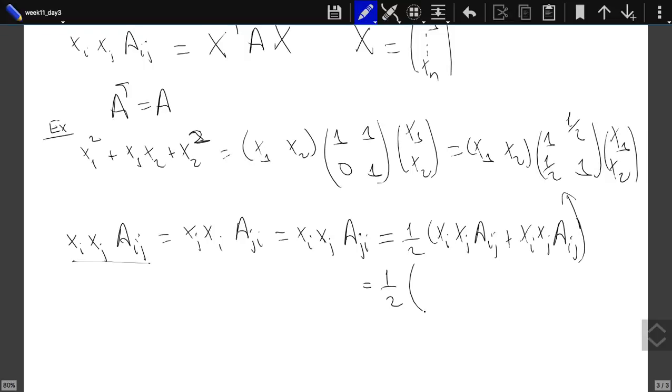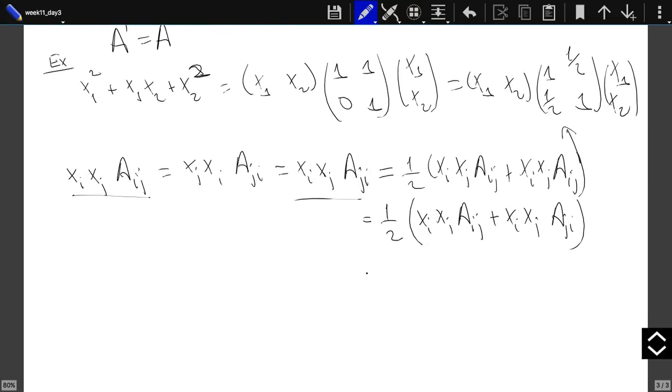But I have one term, I divide it into two. Sum it twice and divide it by two. The first one, x_i x_j A_ij, just stays there. For the second one, I can just use this one, which will be x_i x_j A_ji. This is equal to 1 over 2 x_i x_j times (A_ij plus A_ji). So even if you choose A to be not symmetrical, instead of A, I can just use (A plus A transpose) over 2. It will give me the same result. And (A plus A transpose) over 2 is a symmetrical matrix.